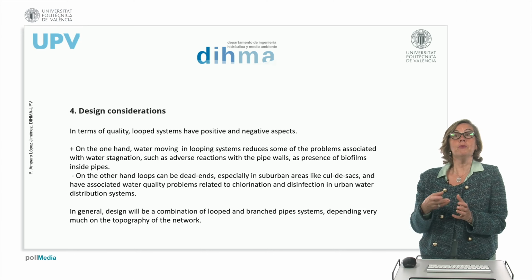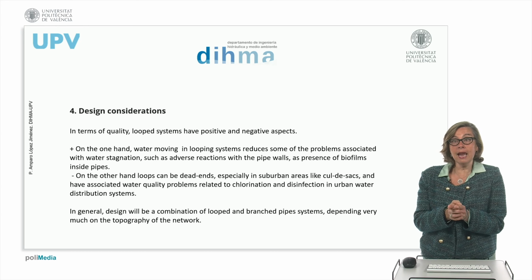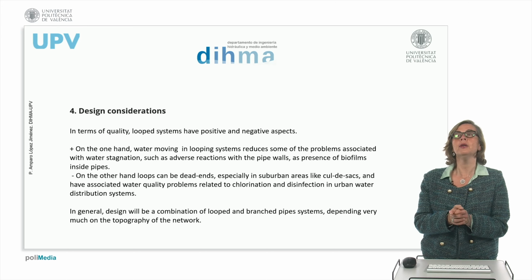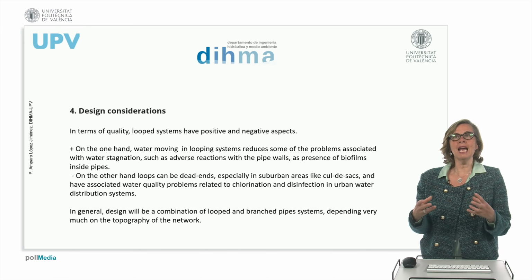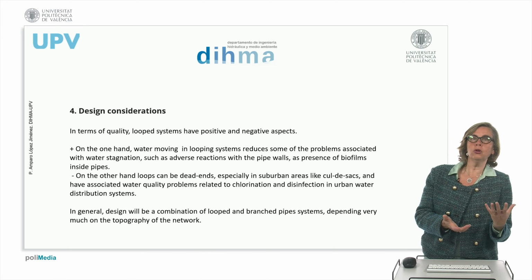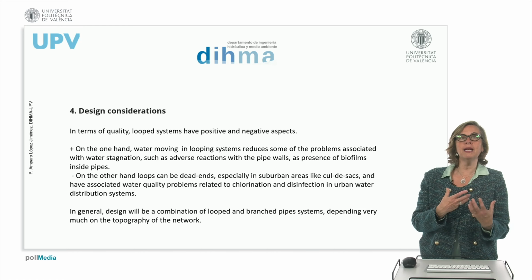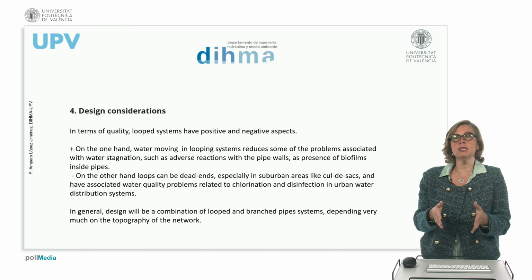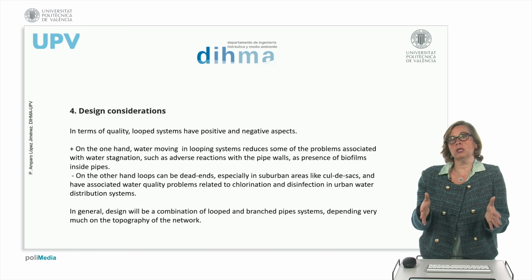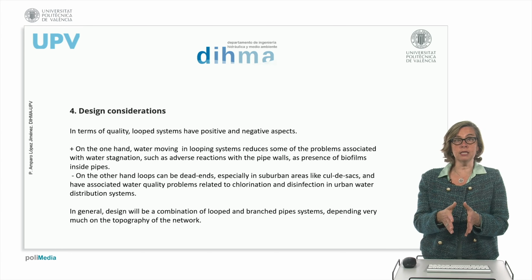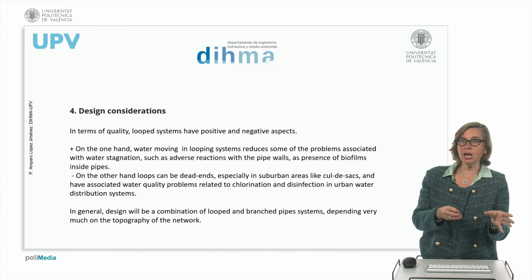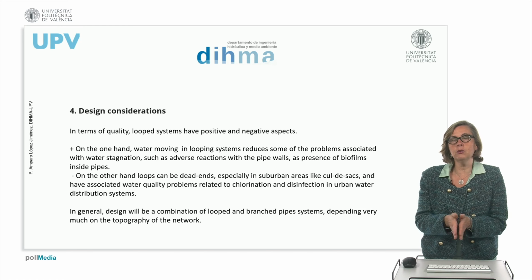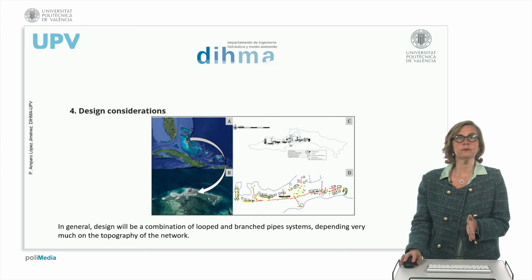In general, a branch system can have a dead end in which water doesn't move at any moment, but it can also happen in a looped system. So the design will be a combination of looped and branch pipe systems, depending very much on the topography, and we can have these problems of interruption, of sectorization, or of quality, and we will combine branch at the end and loop in the middle to be able to always serve the community with reliability.